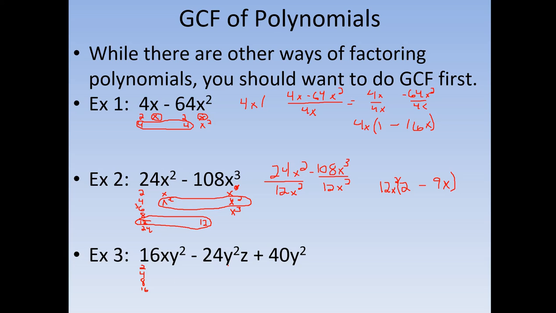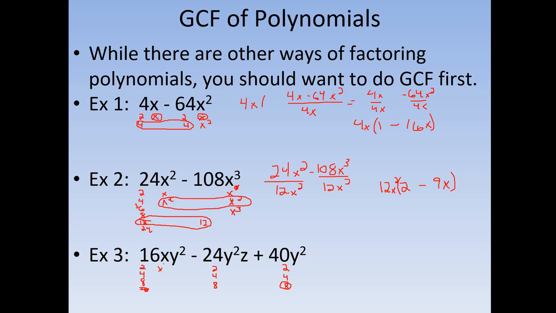So now we just need to see which of these numbers can go into both of these. 24 is divisible by 2, 4, and 8, but it's not divisible by 16. So that's not my greatest common factor. And then 4, common numbers 2, 4, and 8 also work. So that means 8 is my greatest common factor.